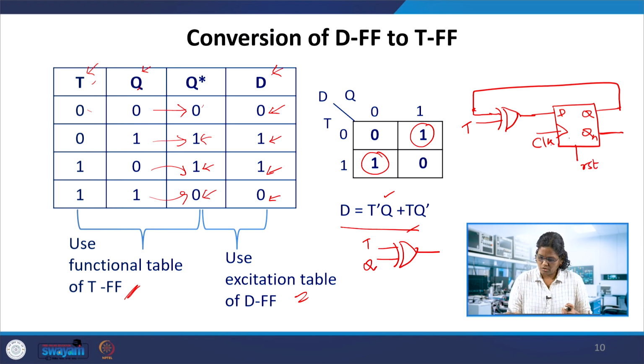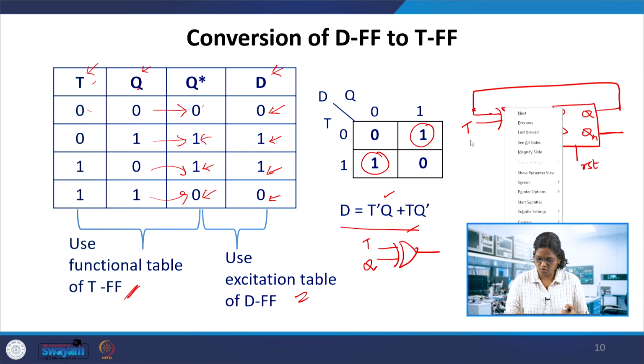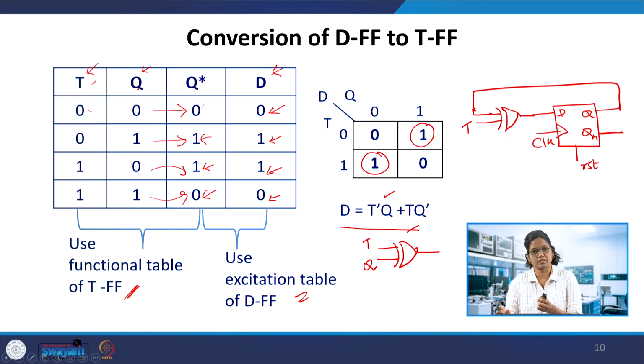So the D flip-flop module will be used as a T flip-flop for the other sequential circuit designs, the synchronous sequential circuits we will be designing, so that is the D to T conversion. Now if T is 1, the output gets toggled, otherwise the previous state is maintained. So this is for the D to T flip-flop.